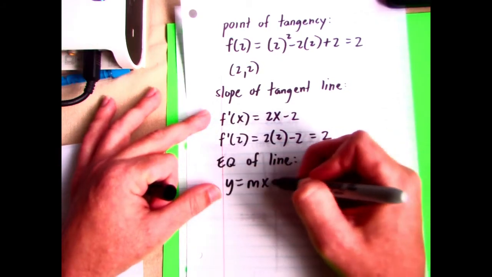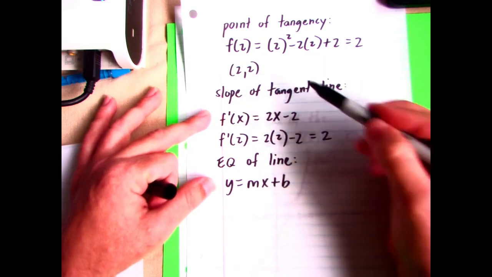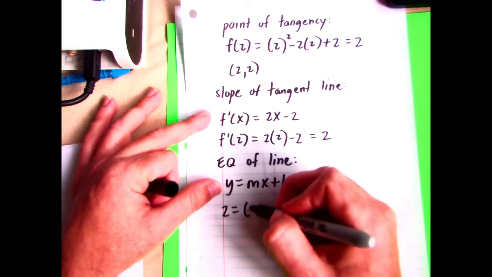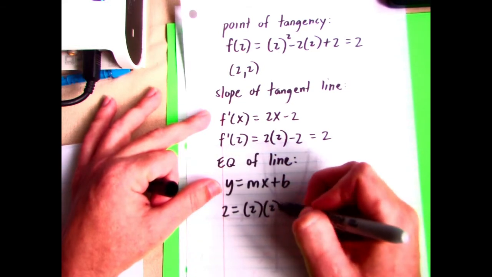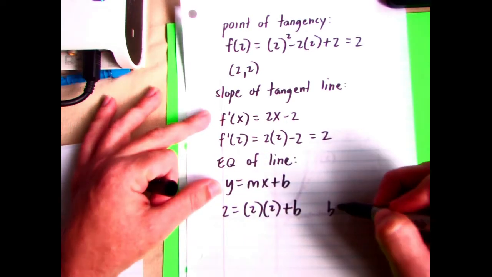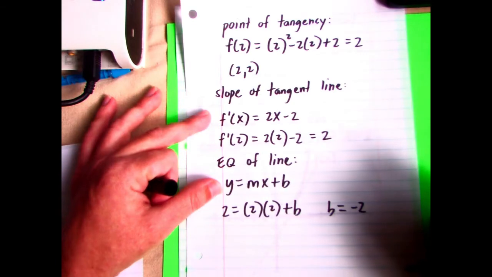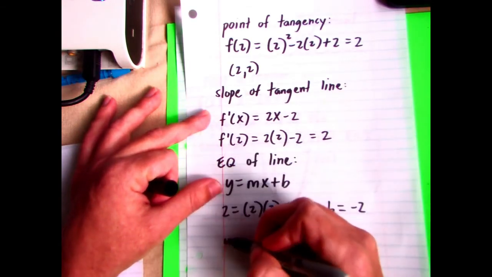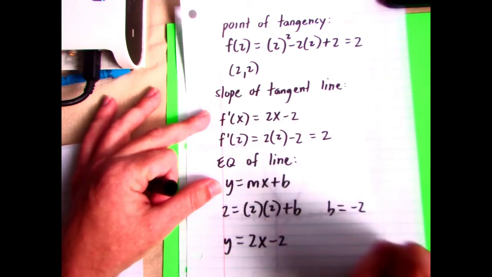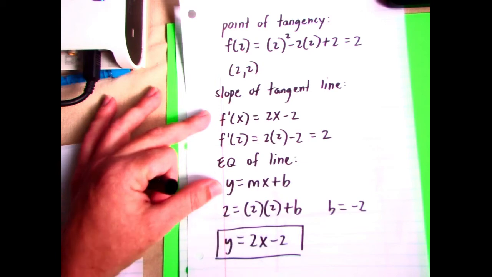Let's write it in the form y equals mx plus b. So I'm going to input my point of tangency and my slope, so that I can solve for the y-intercept. Based on this calculation, the y-intercept is negative 2. So I'm able to write my equation of the line, y equals 2x minus 2.